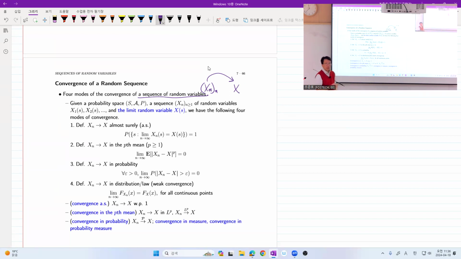However, as I already told you, when you talk about the probability of an event, even in talking about equality of two random variables, we didn't like equal everywhere. What is the counterpart in the convergence of a sequence of functions? Convergence everywhere. We don't need that. That's what I'm saying. Okay.